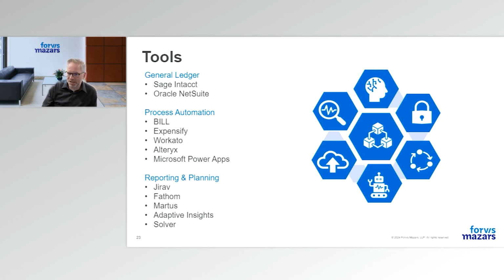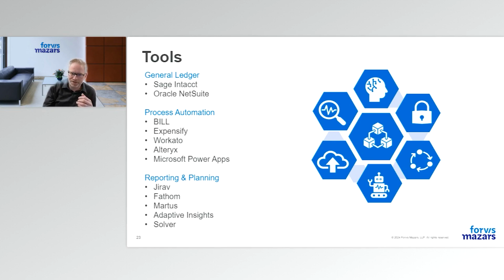When we talk about process automation, we use tools like Bill.com, now known as Bill, for the AP process. In fact, Sage Intacct, I'm not sure about NetSuite, also has some AP automation options available. Expensify for employee expense management. Workato, I mispronounced that, is an API integration tool.